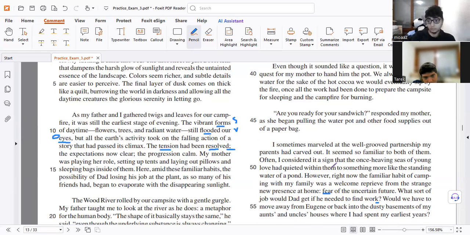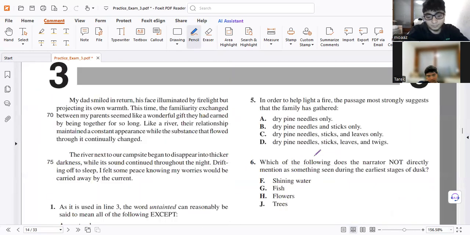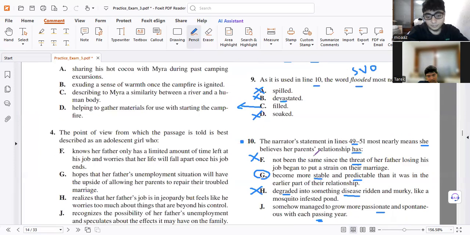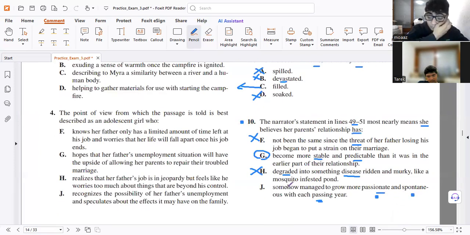You see it? And you look again. I was sometimes surprised at the well-grooved partnership my parents had. So where is the relationship passionate and spontaneous? And he said that somewhat grew. This relationship became lovely, passionate, romantic, spontaneous.